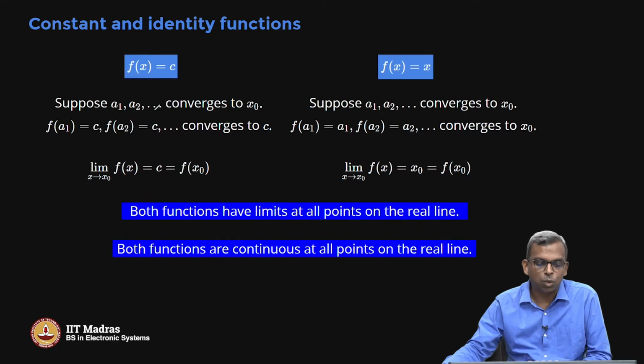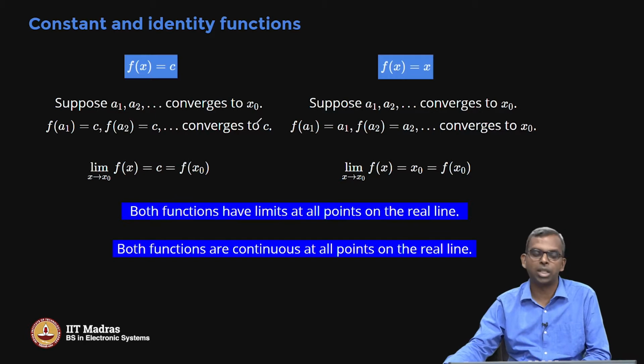Any sequence, whatever it may be, if it's converging to x naught, the sequence of function values, f of a1, f of a2, etc., converges to c for sure. So we see very clearly the limit as x tends to x naught of f of x for this constant function is actually c, which is also equal to f of x naught. Okay, so that's very nice, easy to see here.